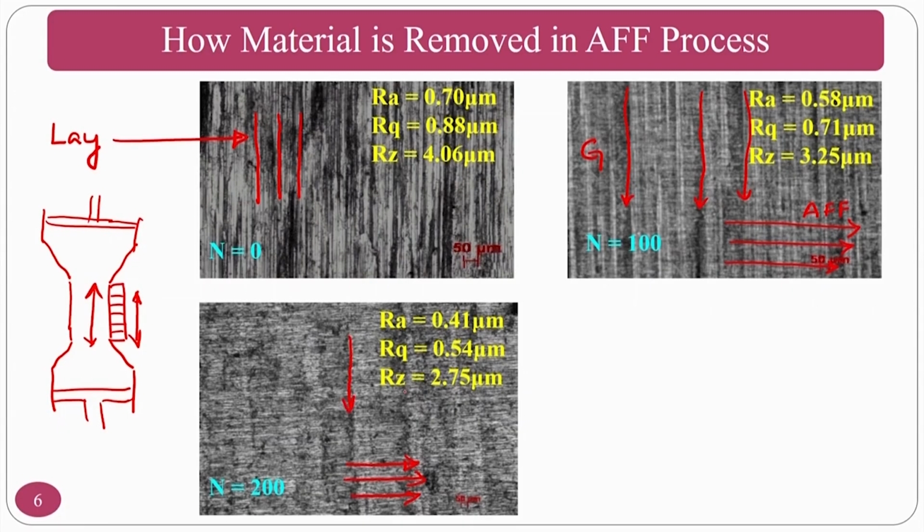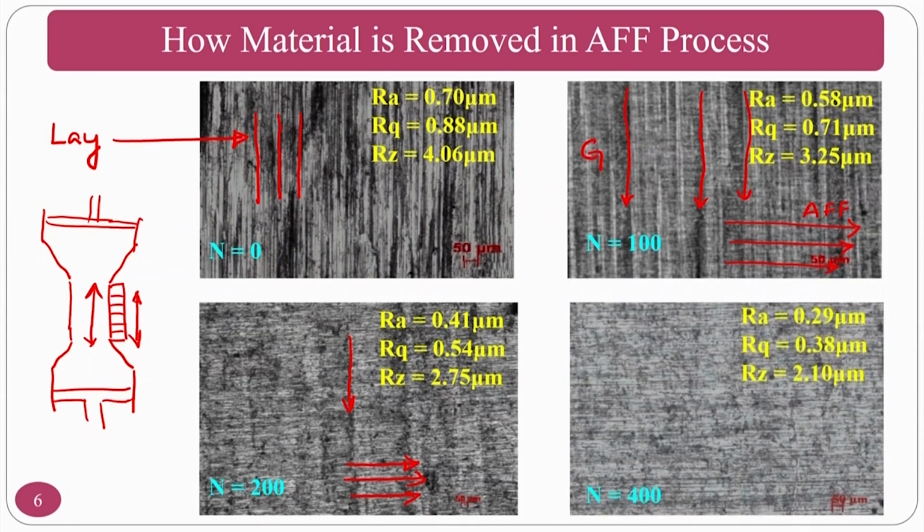So, only the dominating ones will stay. Okay. So, as you increase the number of cycles, the surface lay that is generated in the grinding will go off gradually, and at last you will get a fully fledged abrasive finishing process, and you will get a very better surface.